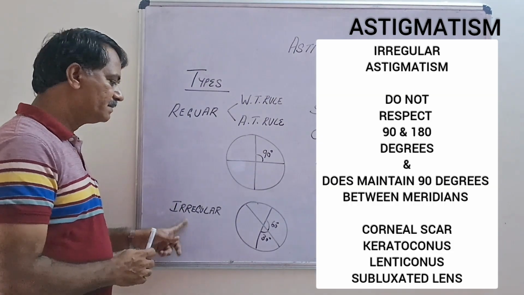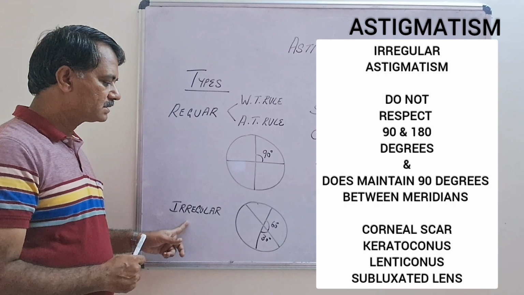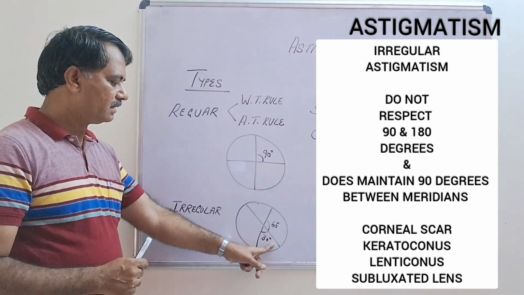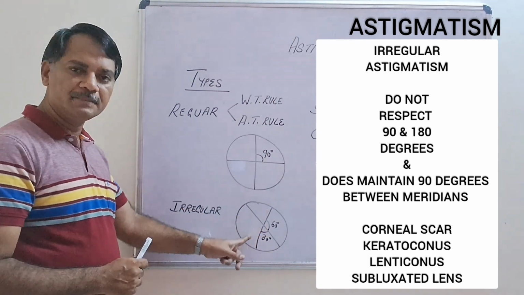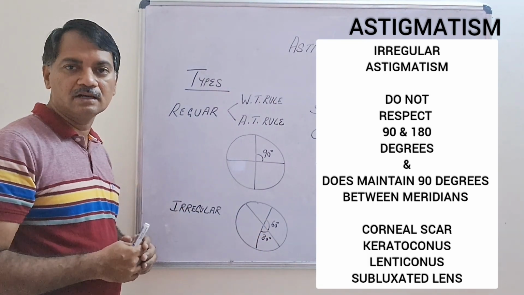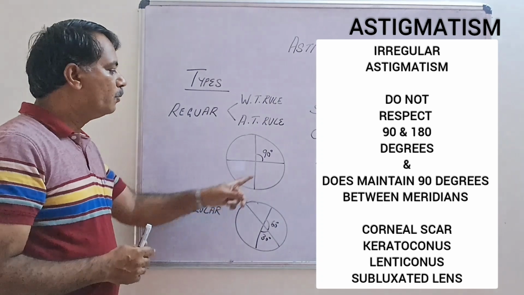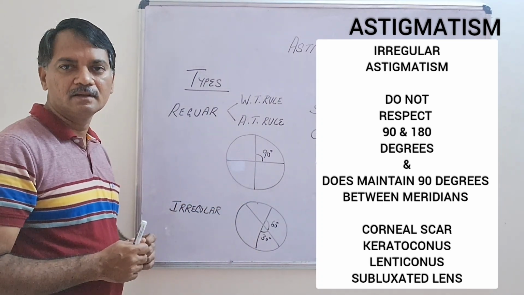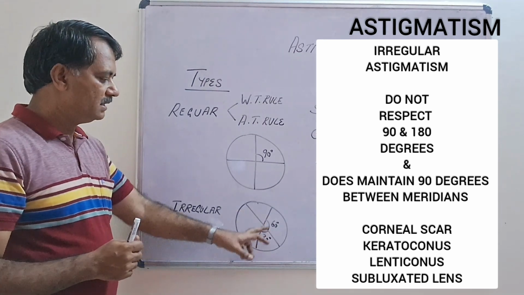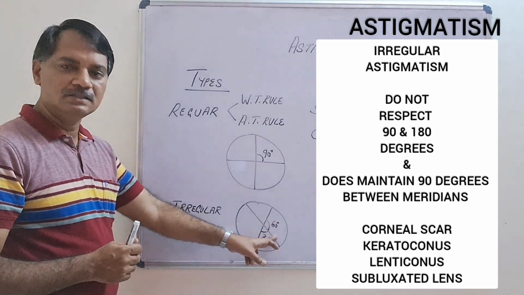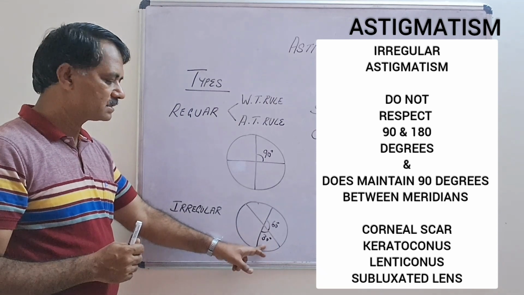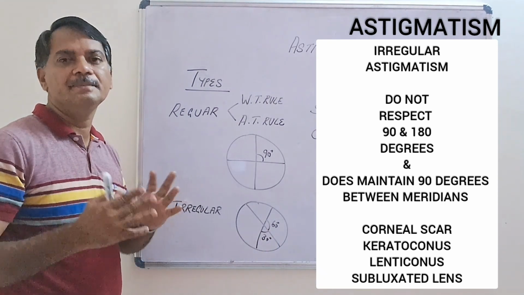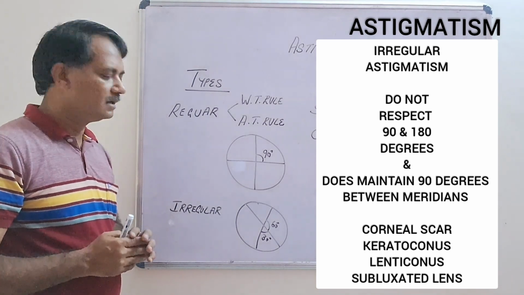In irregular astigmatism, one meridian which has a curvature will be different from another meridian which has a different curvature, but these two meridians will not have a distance of 90 degrees between them. There may be a variation. See here it is wide, this is 60 degrees. Here it is not wide, this is 30 degrees. So a difference will be there in the curvature.